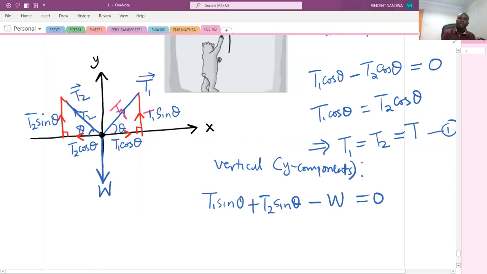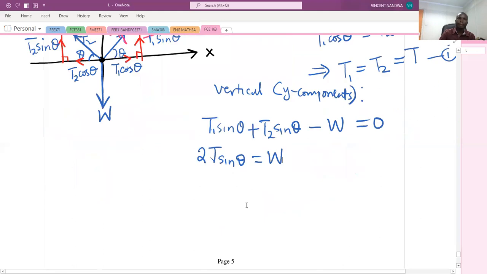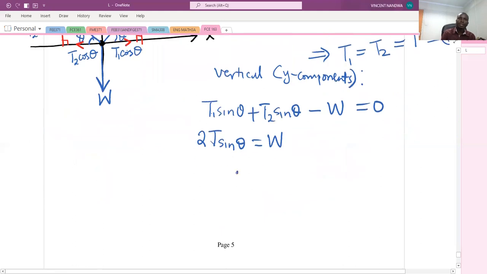Because T1 equals T2 equals just T, we have 2T sine theta equals W. So T itself will be W over 2 sine theta, which is the same as mass times gravitational acceleration over 2 sine theta.